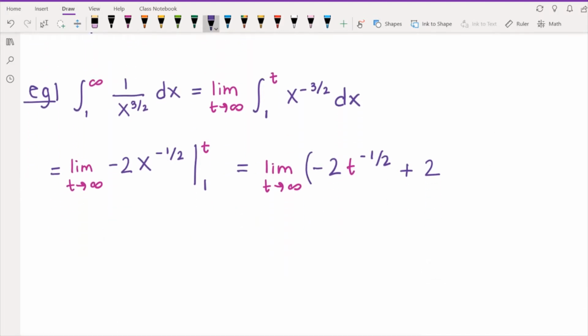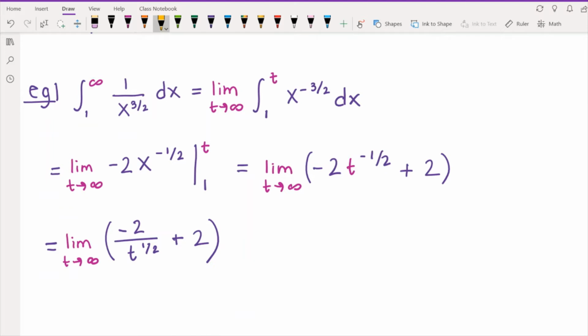Okay, so let's think about what this limit is. Let's rewrite the thing we're taking the limit of a little bit differently. Another way of writing this would be negative 2 over t to the 1/2, and then we have the plus 2. So one of the things we talked about in the previous video is that anytime you have something of the form 1 over t to any power, that limit is always going to be 0.